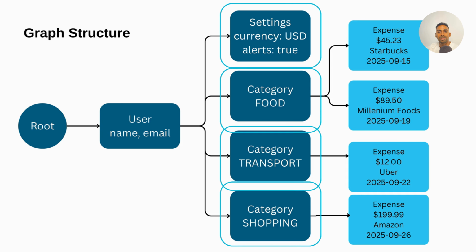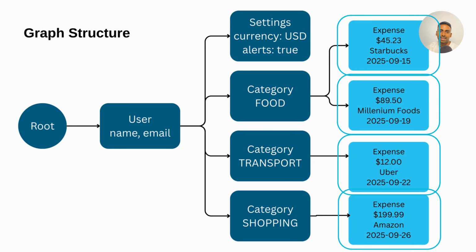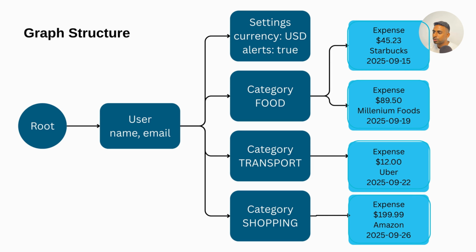Each category is wired to its own list of expenses to keep track of aggregates, averages, and all that. So our walkers can do several tasks here, like update the categories, retrieve expenses spent in each category, update the settings, where you can set your preferred currency, and so on.